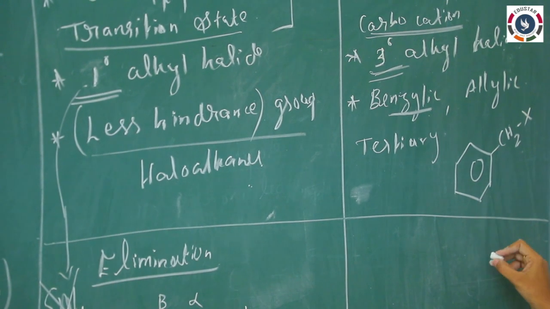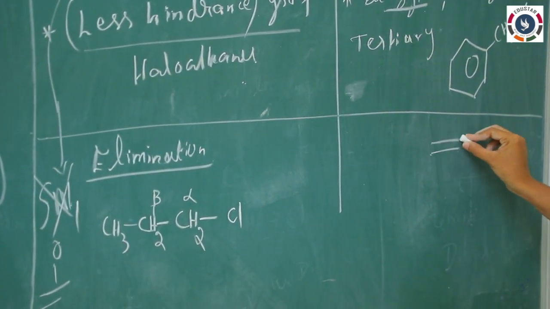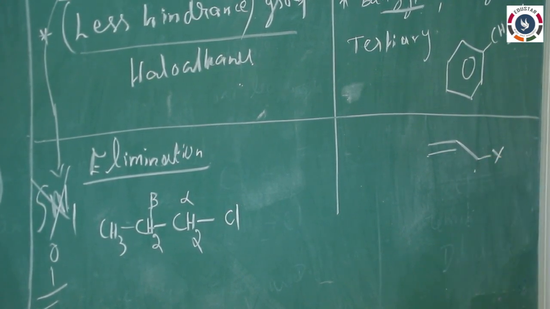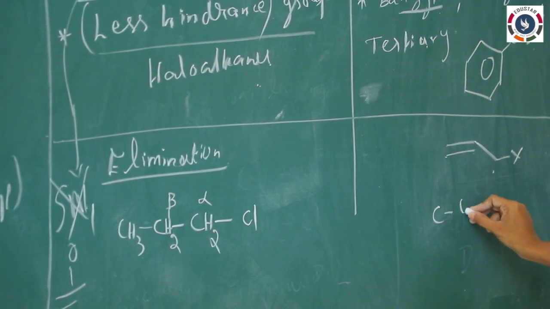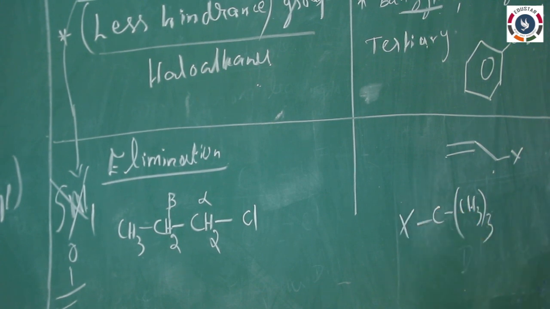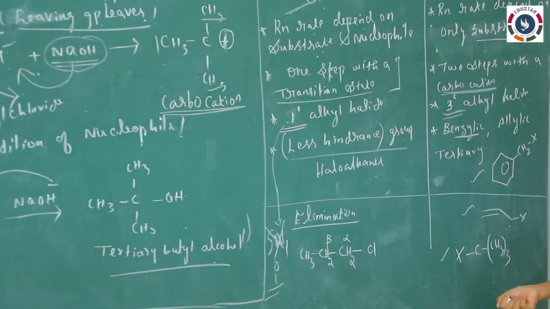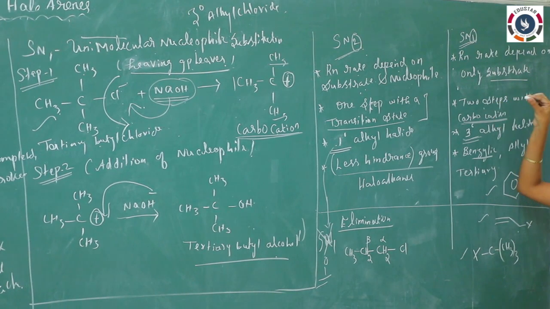Benzylic group, allylic group. What is the allylic group? This is the allylic group. Tertiary butyl. What is the tertiary butyl? So, these three have the capacity of stabilizing the positive charge developed at the carbocation.